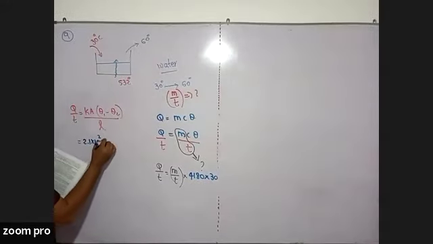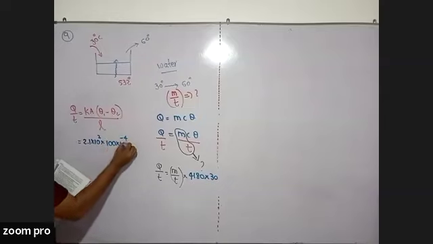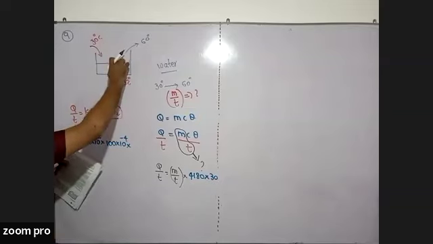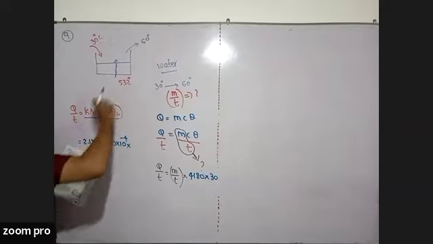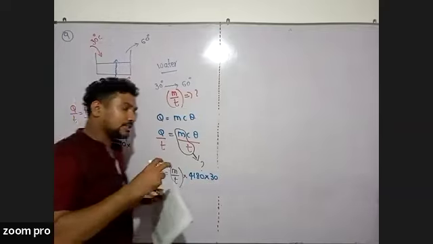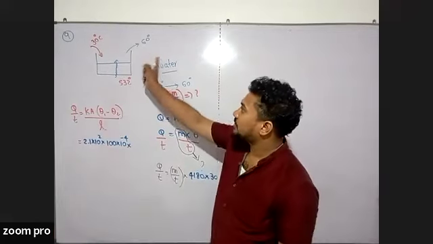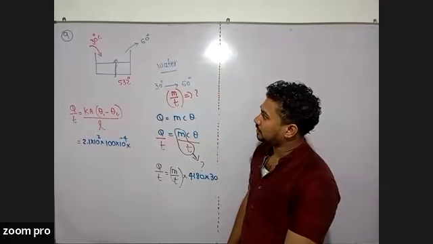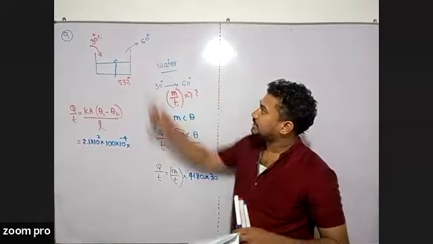A is 100 into 10 to the power minus 4. Now for the temperature difference, the temperature on the inner surface should be equal to 60, isn't it? Because the temperature of the water moving outside from this hot water generator is 60.